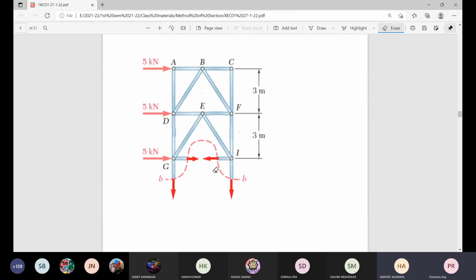Here this is also that upper part equilibrium, and we can solve this by suitable selection of moment center, etc. But that moment center is to be selected in such a way that it can eliminate the maximum number of unknowns.